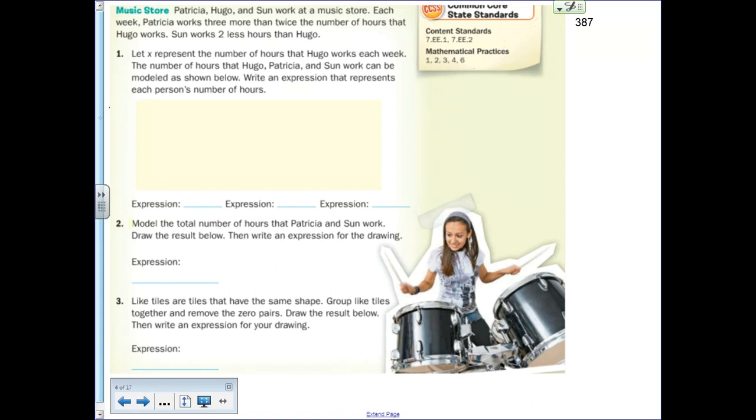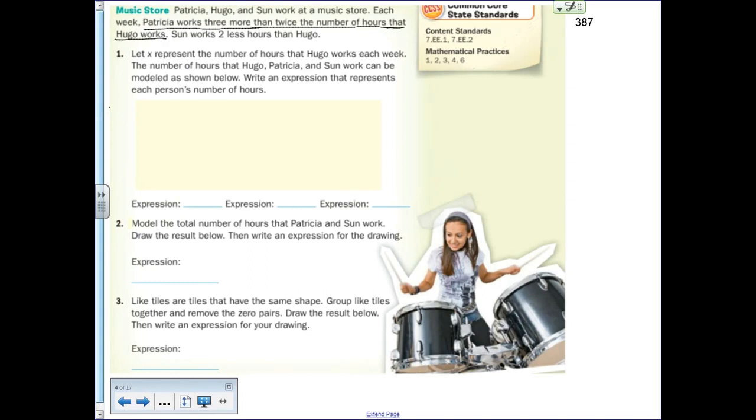What we want to do is try to write an algebraic expression where we can figure out how many hours they all work together. It says at number 1 here, let X represent the number of hours that Hugo works each week. If you go back to the original problem, it says Patricia works 3 more than twice the number of hours that Hugo works.